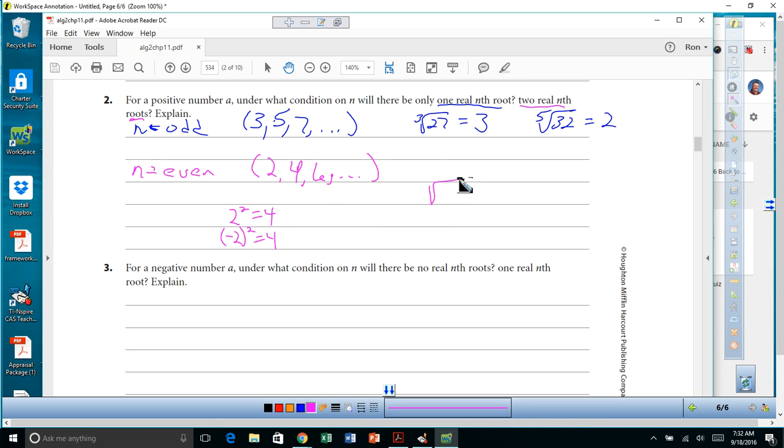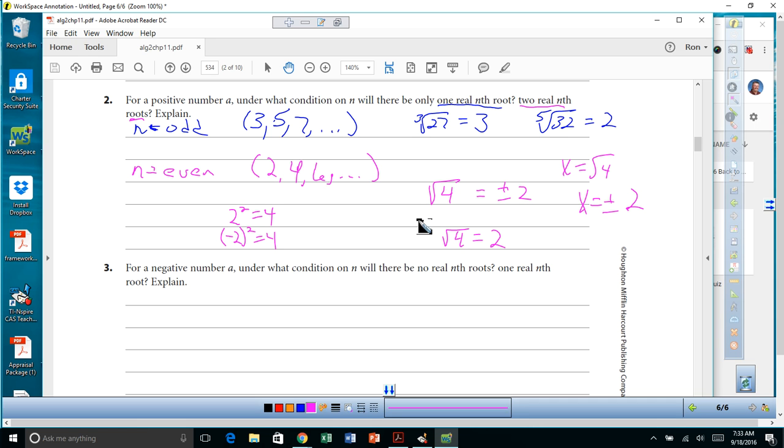So when you take the square root of 4, you get two answers. You get plus or minus 2. Now, like I mentioned earlier, if you're just taking the square root of 4, the principal root is 2. But if you had something like x equals the square root of 4, then you would want all possible solutions.